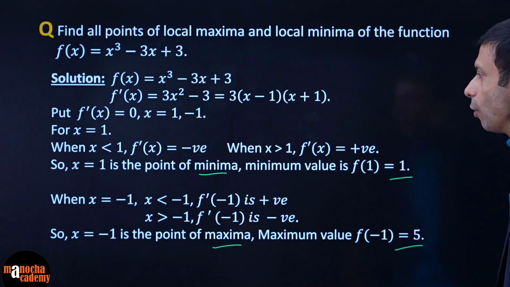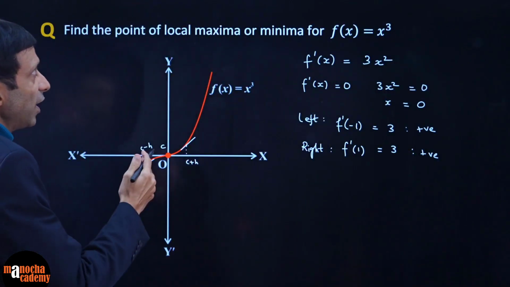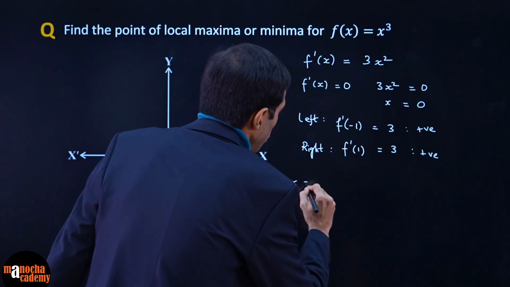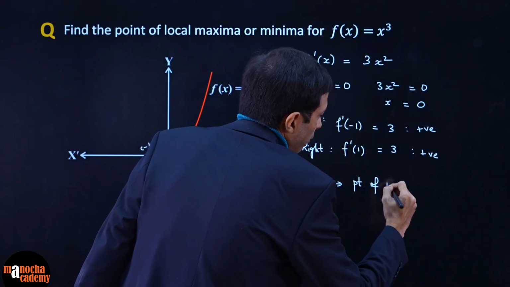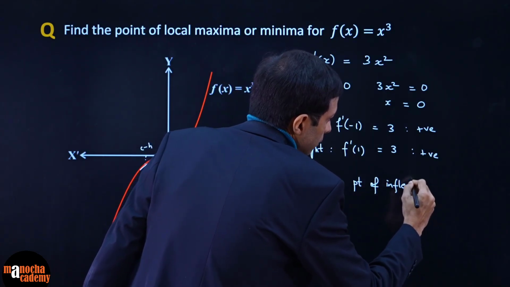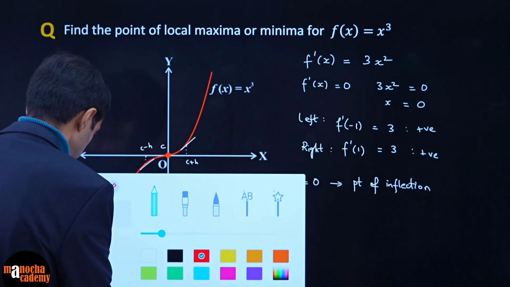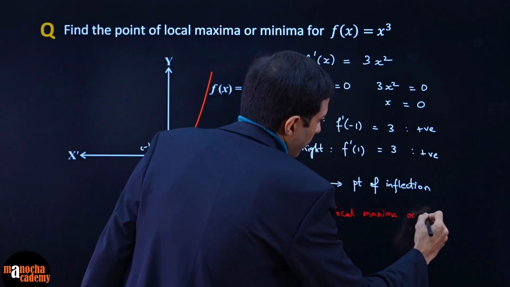So what have you found over here? You have found nothing but the point of inflection. It is neither, so we can say x equal to 0 is a point of inflection. That means, therefore, there is no local maxima or minima.